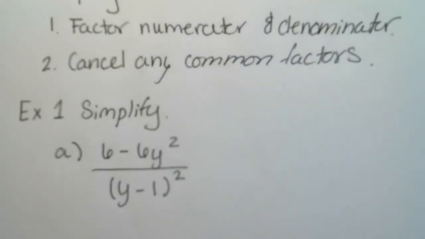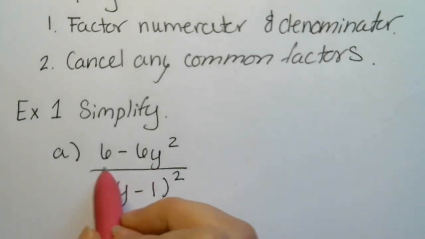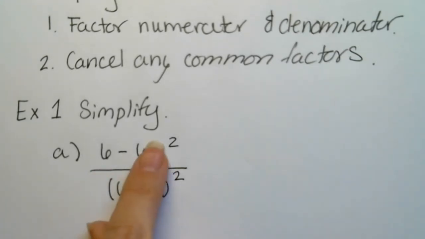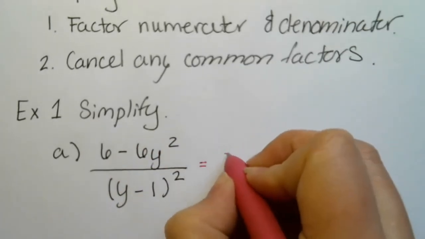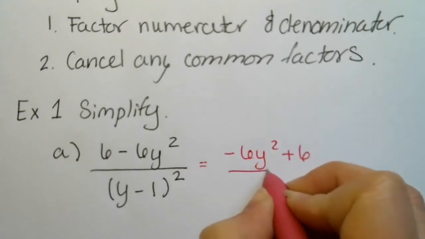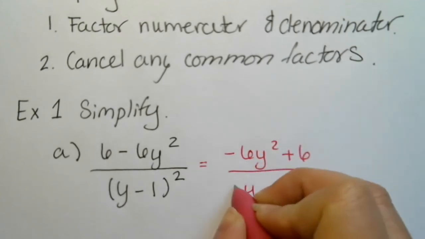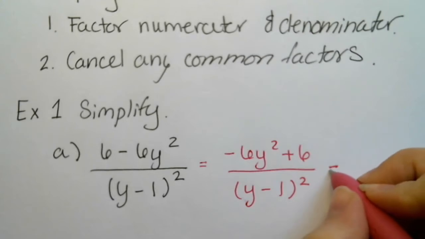Okay, so now if you look at this example, you can see that the denominator is already written in factored form. So I'm going to go ahead and factor the numerator. I'm actually going to reorder the terms first so that they're in the right order. And then because I have the leading term as a negative, I'm going to factor out -6.